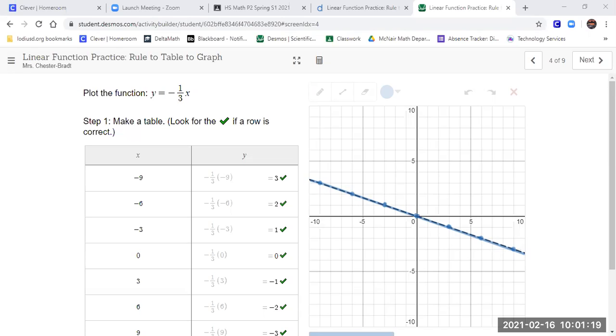What kind of numbers did they pick for x to make sure they did not end up with fractions?